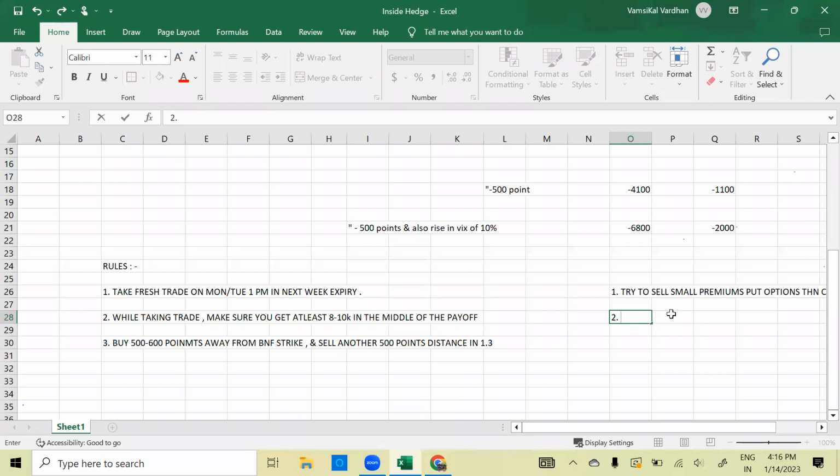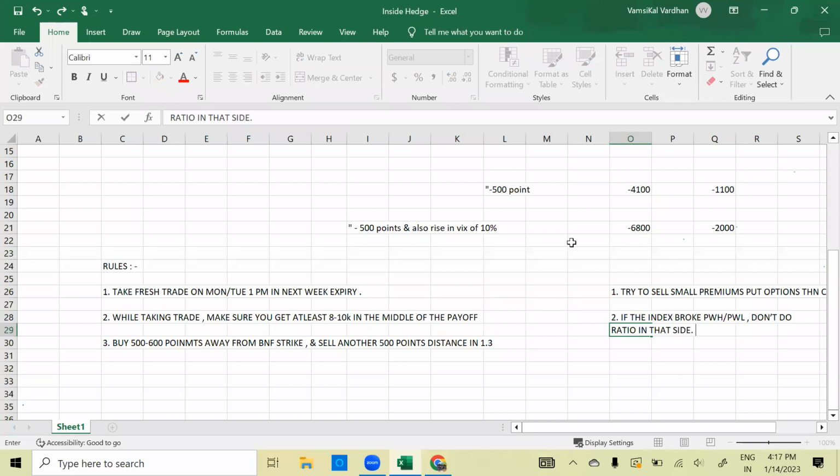Here second point I am writing. If the index broke previous week high or previous week low, don't do ratio in that side.